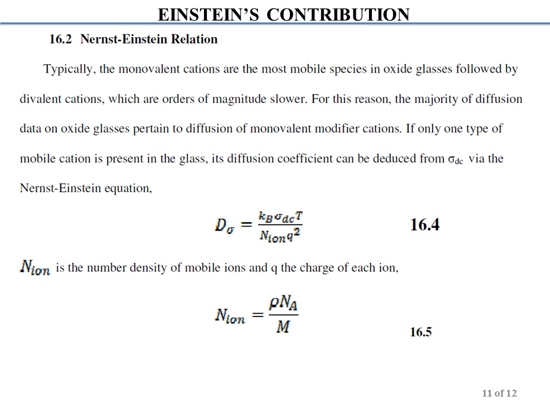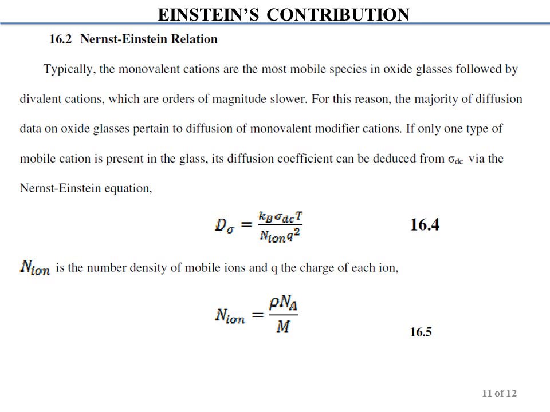So now we take a look at the Nernst-Einstein equation. Typically, monovalent cations are the most mobile species in oxide glasses, followed by divalent cations, which are orders of magnitude slower. For this reason, the majority of diffusion data on oxide glasses pertain to diffusion of monovalent modifier cations.